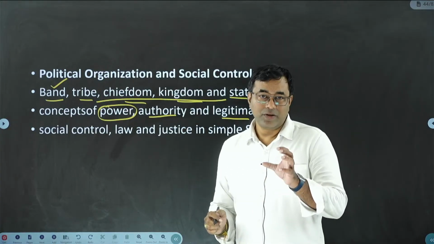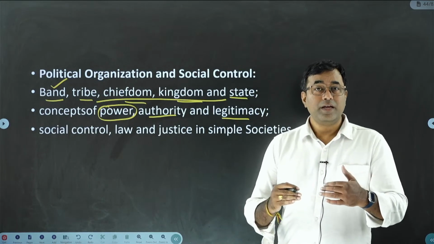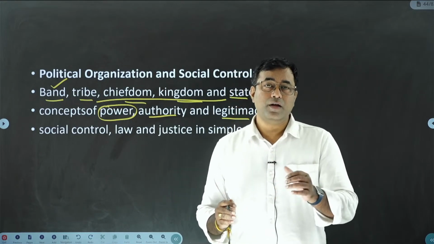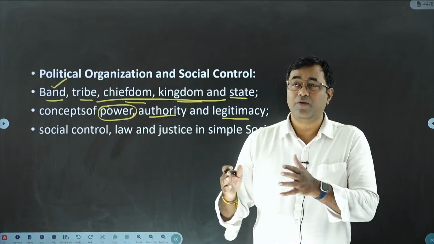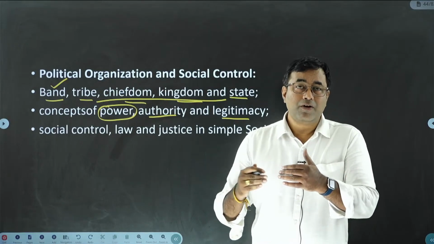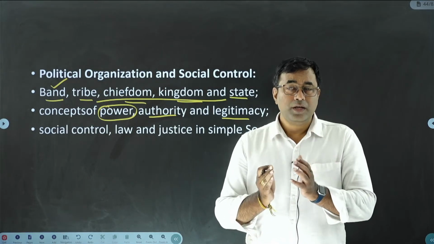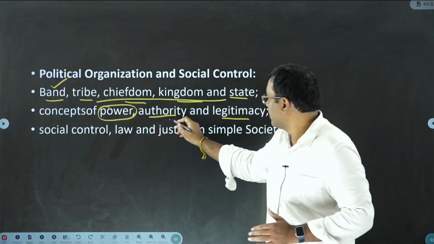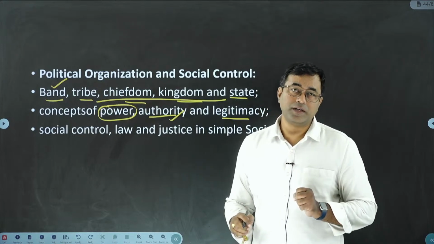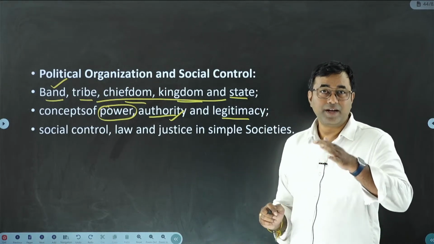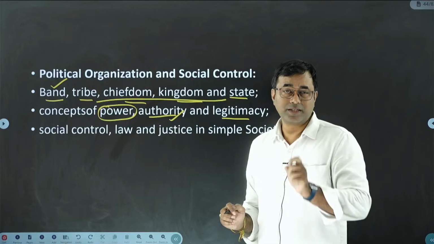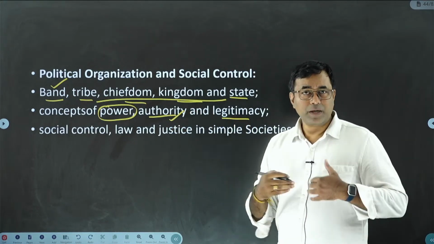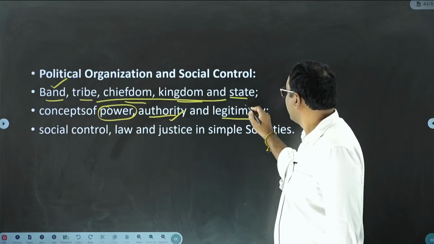Authority means the power which is defined in a particular law by the government. IAS is considered one of the authorities: the government has created one post and it is mentioned in different laws, and those laws give you the authority. So if your power is defined in any of the laws, then it is considered authority. When this power and authority is accepted by the people, then we call it legitimacy.